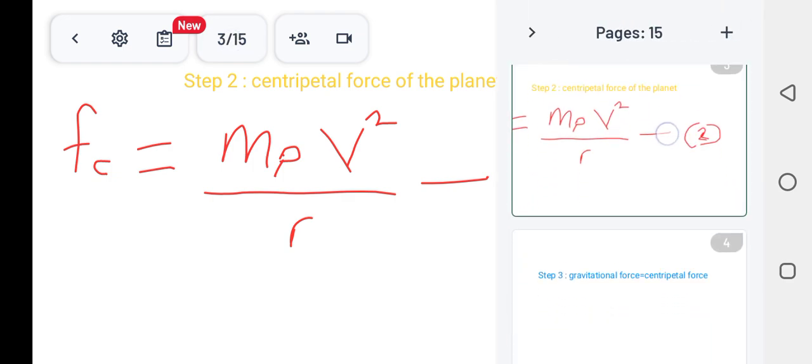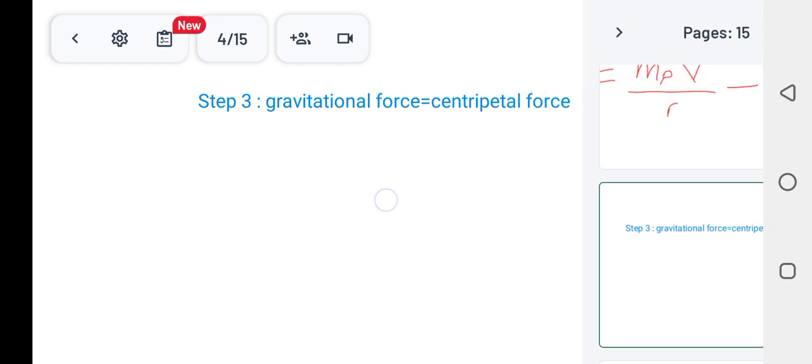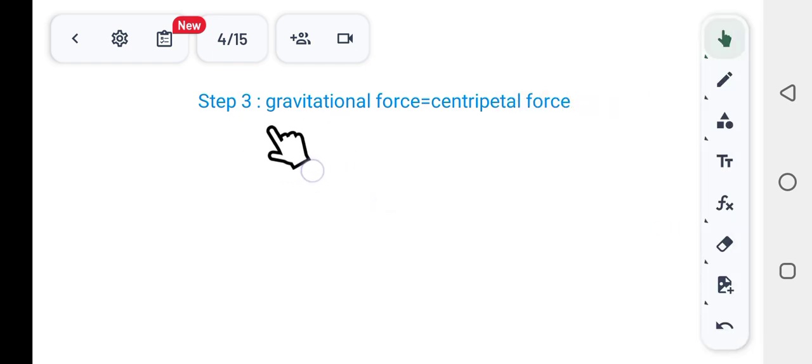Now let's move to step 3. Step 3 says the gravitational force equals the centripetal force.